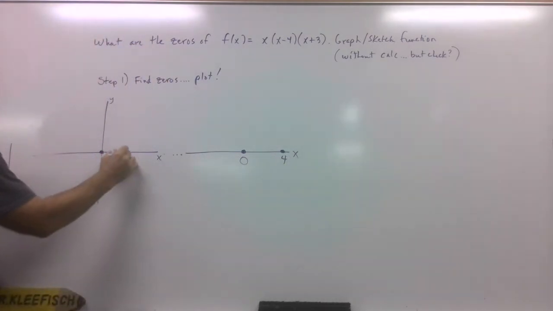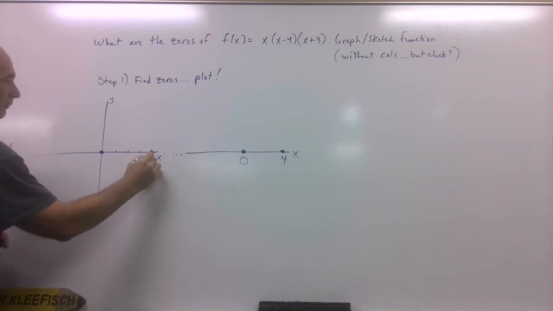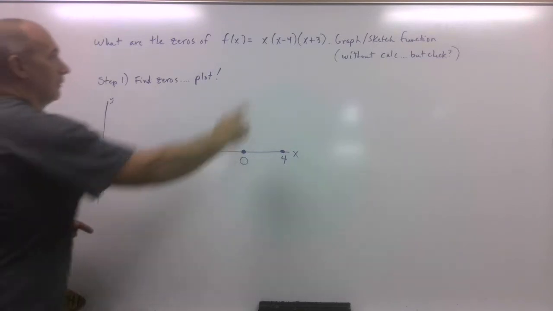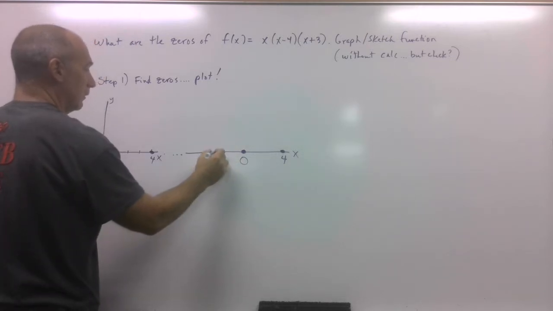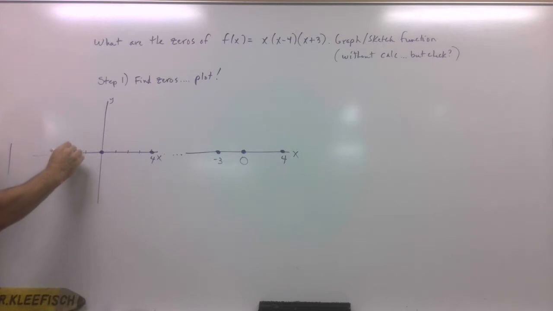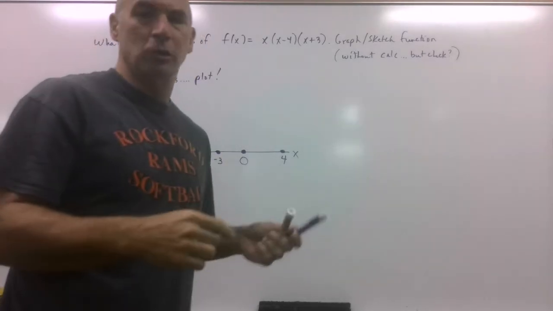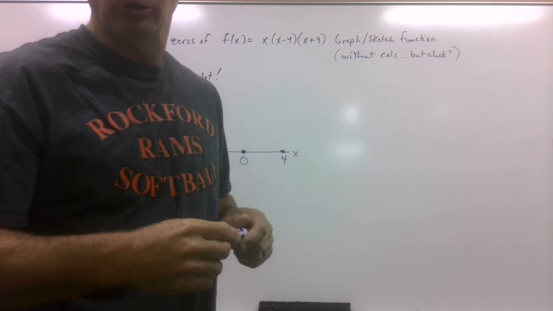And then I could go out 1, 2, 3, 4. A little bit more accurate. And then -3. So over here, I'd go right about there, -3. Here, 1, 2, 3. And there we go. So that's step 1. Now, what are we going to do for step 2?